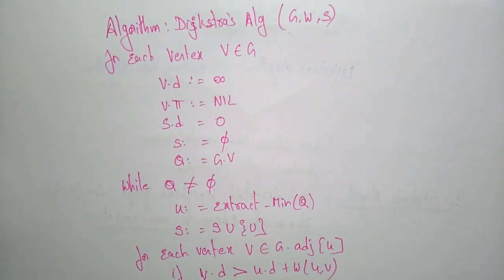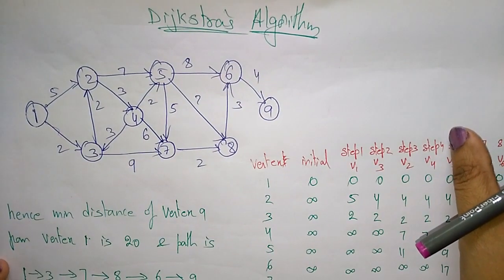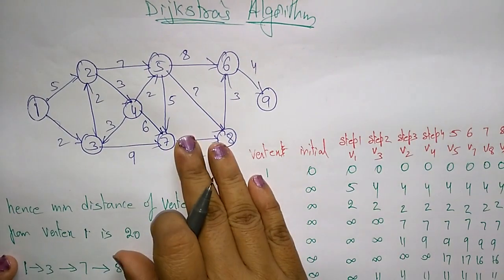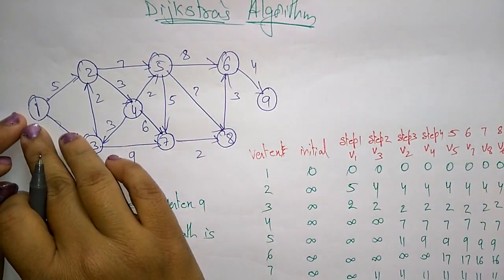Now let us take an example. This is a graph. Let us consider vertex 1 and vertex 9.